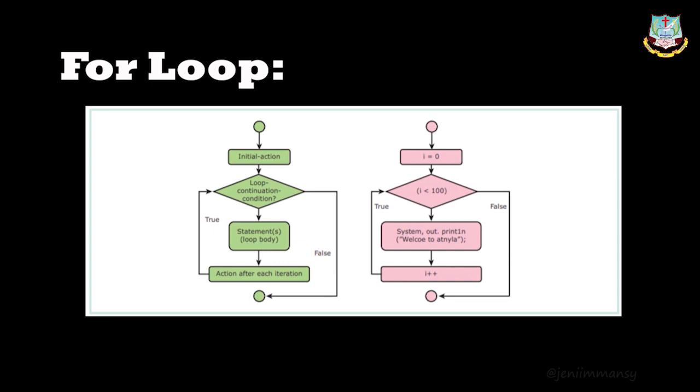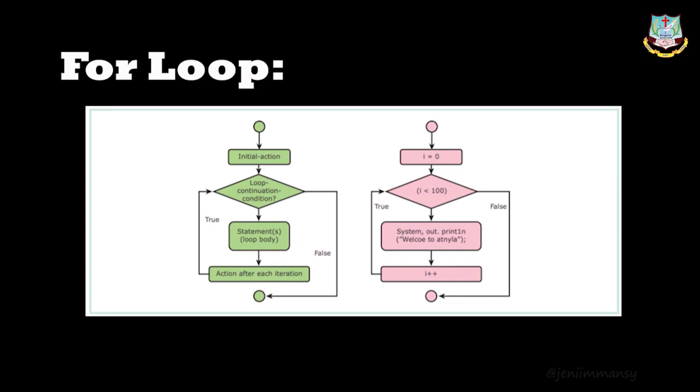Next is the statement. If the condition is true, then the statements or the code inside the for loop will be executed. Then it comes for iteration, that is increment or decrement. It will increase one value and again check the condition, and if the condition is true, the statements will be executed, or if the condition is false, the process will end. This is the flow chart for the for loop.